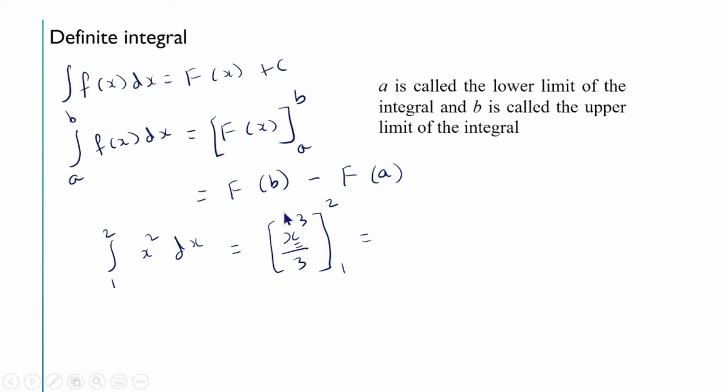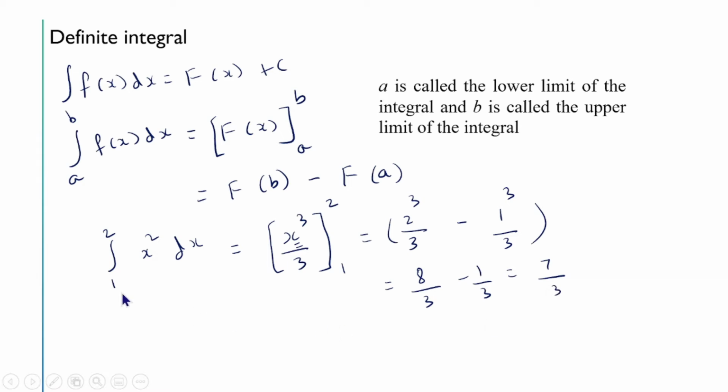Since this is equal to F of b minus F of a, here we will get 2 cube upon 3 minus 1 cube upon 3. So this is equal to 8 by 3 minus 1 by 3, which is 7 by 3.